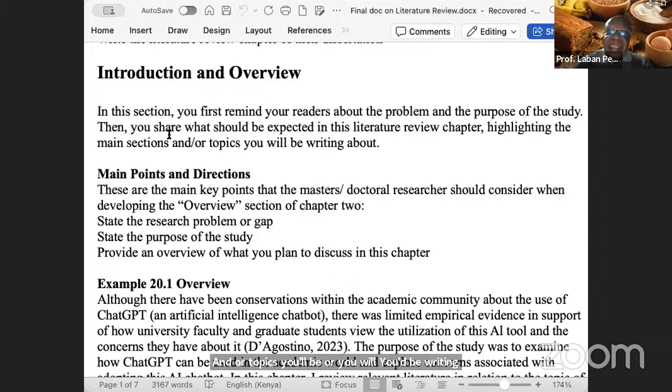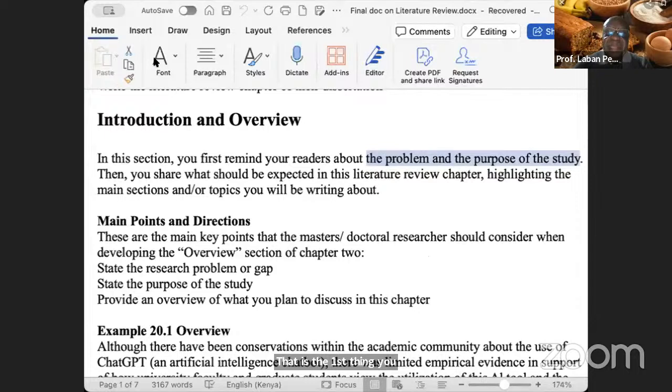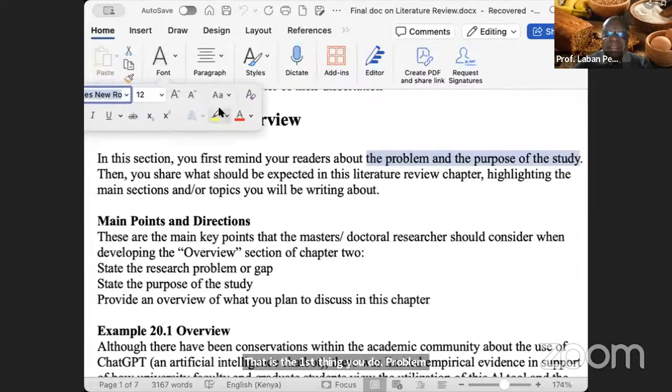By the way, some of these things sound very obvious. They are not. So first of all, you remind your readers about the problem and purpose of the study.